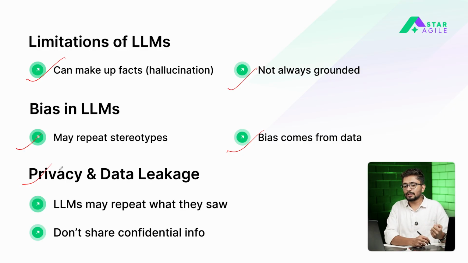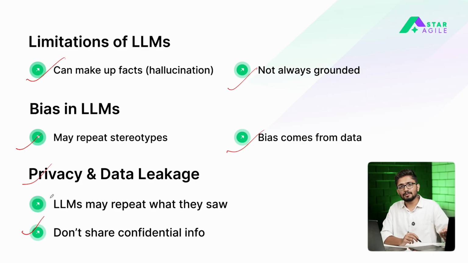Right? So in this particular case, you should always remember to never share any confidential information with any language models. There are techniques known as prompt injection, using which people often use these language models to extract meaningful information from the company's databases. Right? And because of that, as I mentioned, LLMs often repeat what they saw.